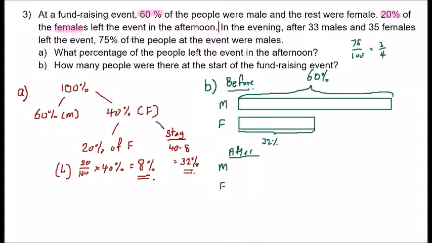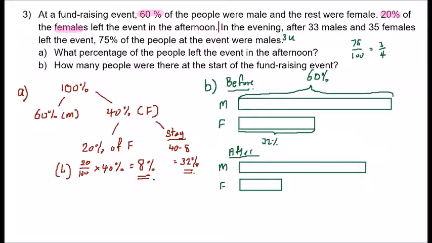So what I'm trying to say is that the male now will be 3 units and the female will be 1 unit, after the people have left. So the male is going to be something like this, and the female will be 1/3. So this is our model.